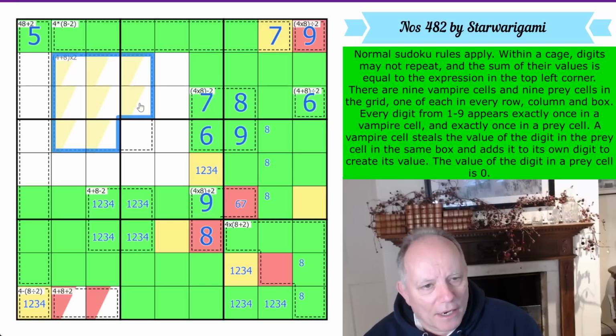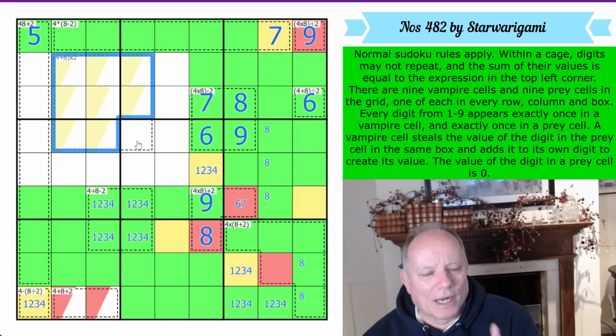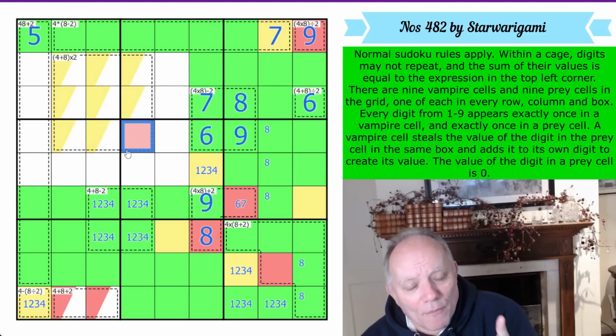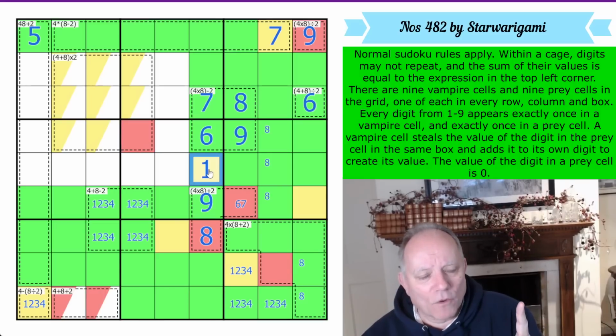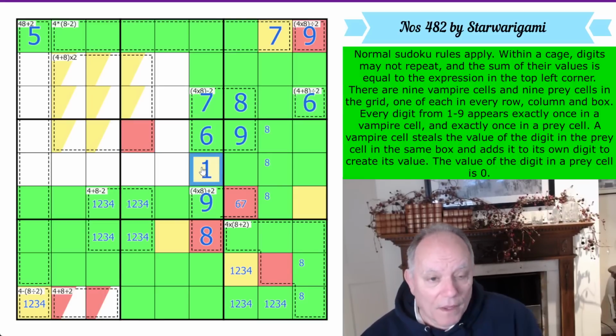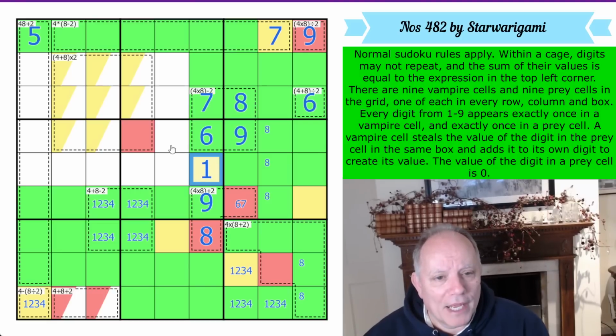Yes, that is right. So that red cell, which I've now worked out there must be 1 in the cage, is not in any of those boxes. It's here. This is a red cell, and it can't add more than a value of 1 from its prey cell, and that is getting the 1 from box 5. There we go. We are really in business now.